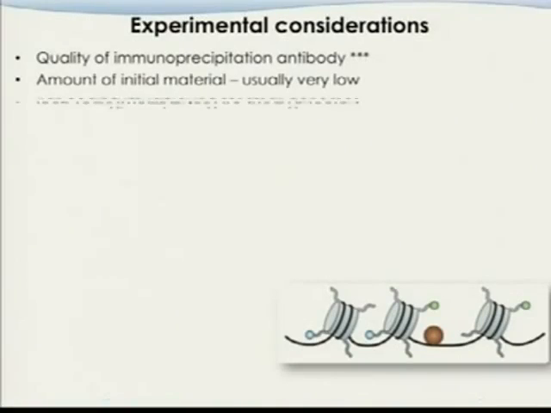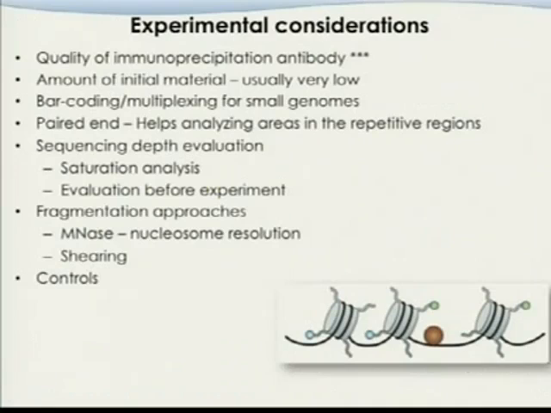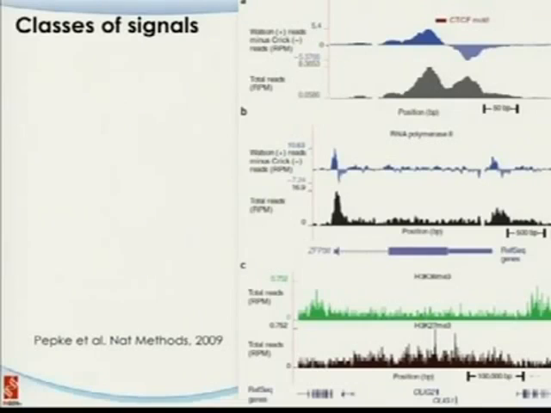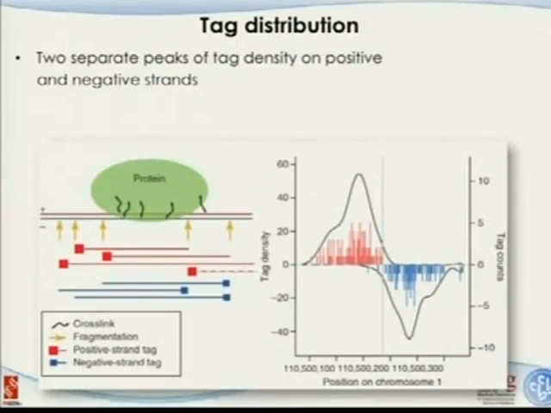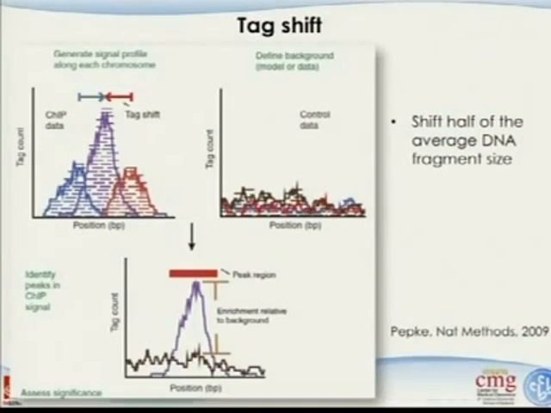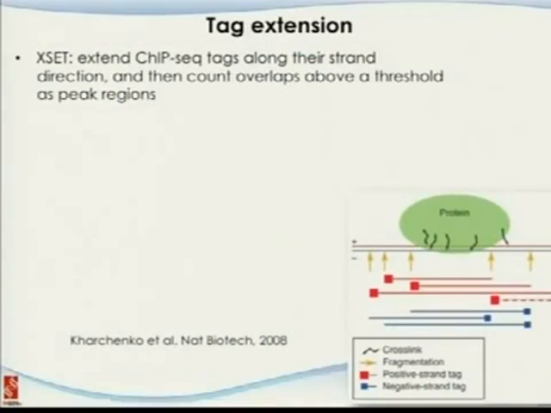All right, the remaining things I already gave a brief overview of today and in the beginning, so I'm not going to reiterate that. These are the experimental considerations, and here is the class of signals in a ChIP-seq experiment: transcription factors, RNA polymerase, and histone markers. The tag distribution should look like this, with positive and negative strands, a tag shifting approach, and a tag extension approach.